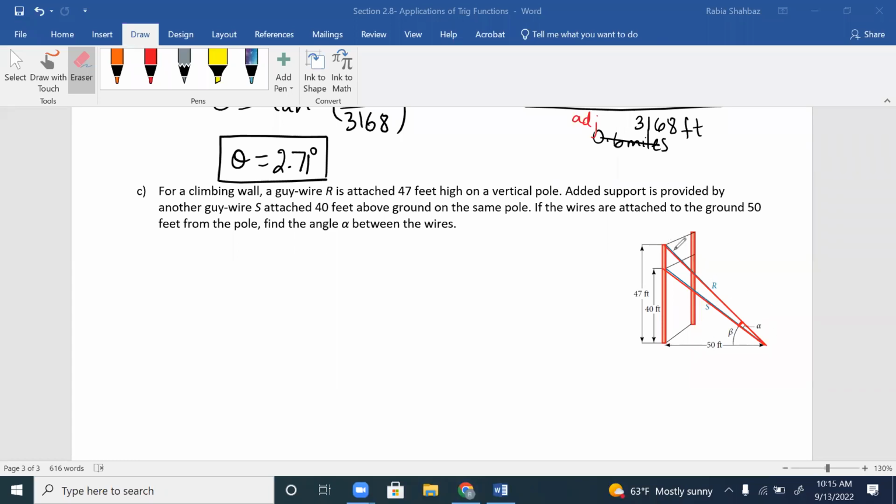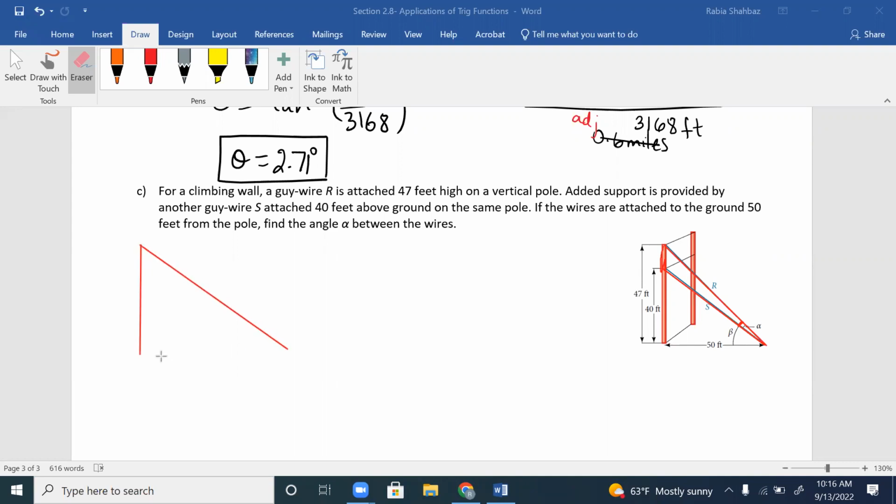So this would not be a right triangle if I just use this piece. Later on we are going to learn how to solve oblique triangles, but right now what we only know is the trigonometry. So I need to look at two right triangles.